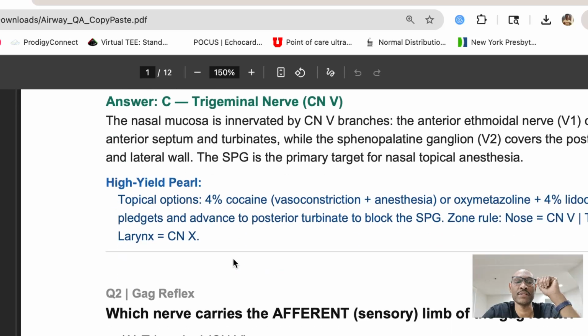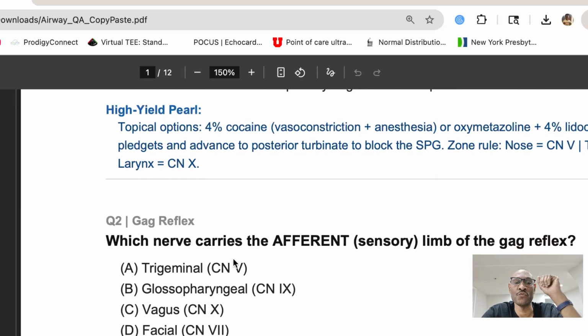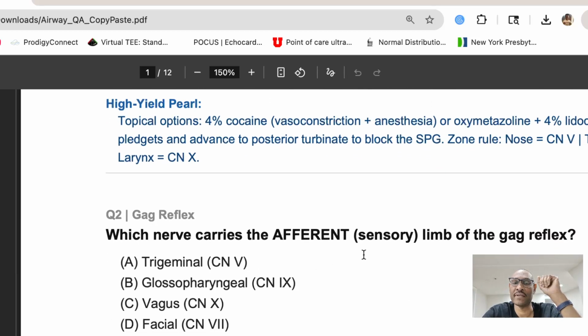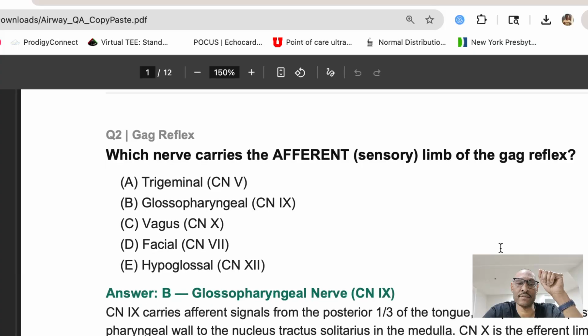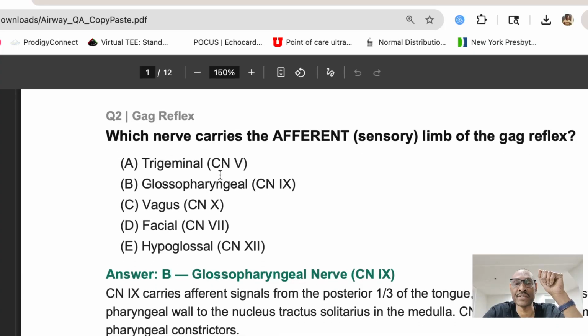Moving on. Second, which nerve carries the afferent, or sensory, limb of the gag reflex? We said this was the glossopharyngeal. Understand that cranial nerve 9 carries the afferent signal from the posterior 1/3 of the tongue.